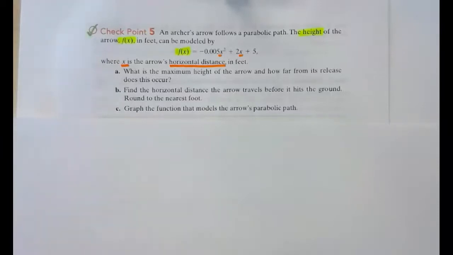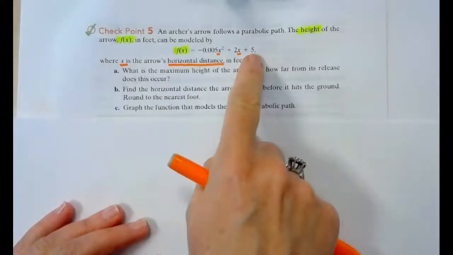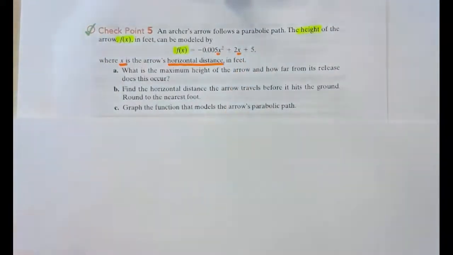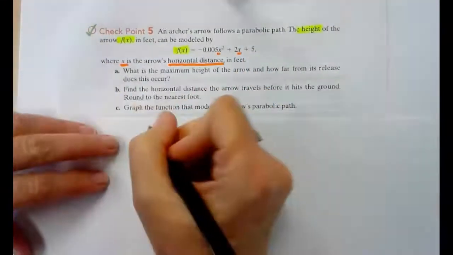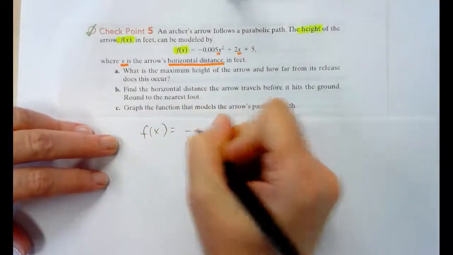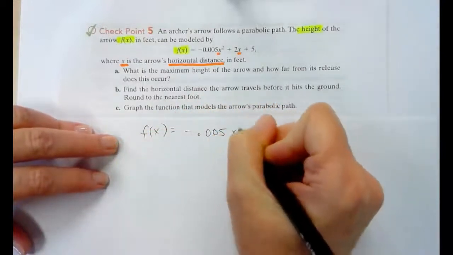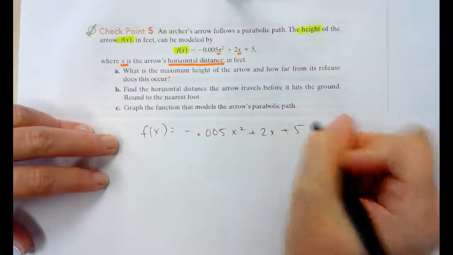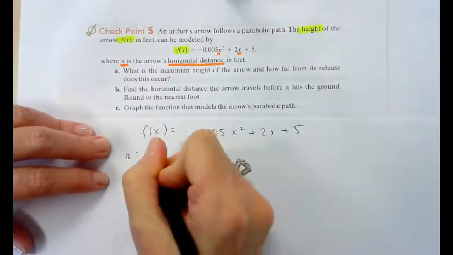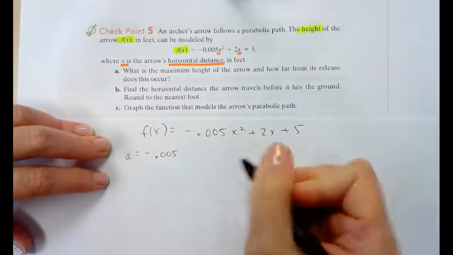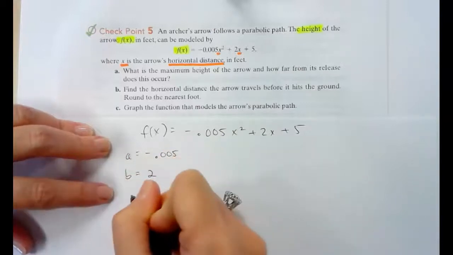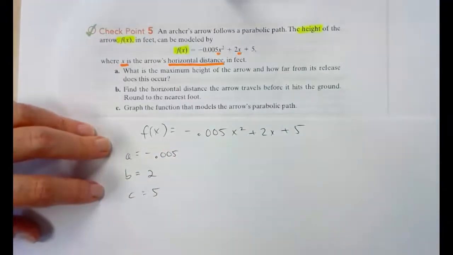If you look at this, the function is simply a quadratic function. So f of x equals negative 0.005 x squared plus 2x plus 5. A is equal to negative 0.005, B is equal to 2, and C is equal to 5.